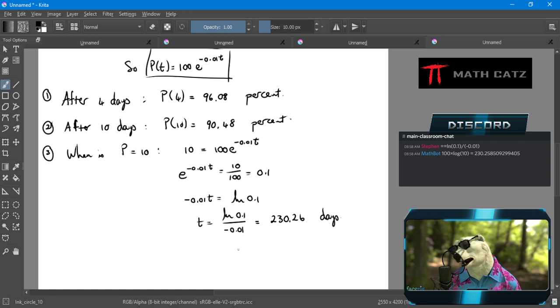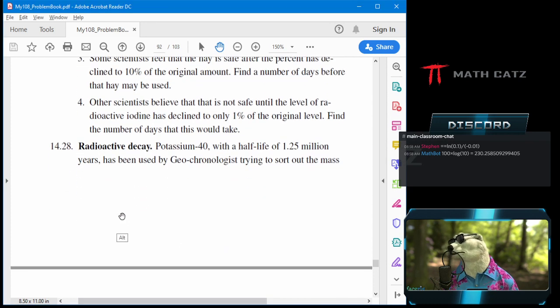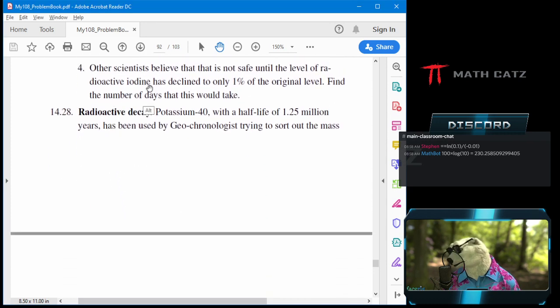So if they are aiming for safe milk when the radioactive substance has decreased to 10% of its original amount, then it'll take around 230 days. However, other scientists believe that it's not safe until the level of radioactive iodine has declined to only 1% of the original level. Find the number of days that this would take.